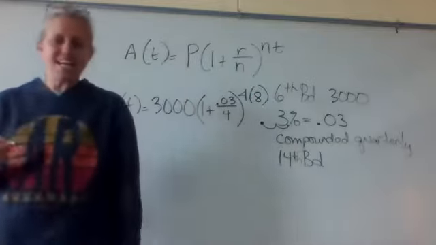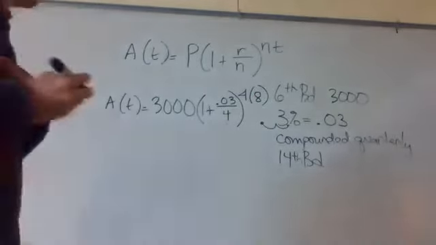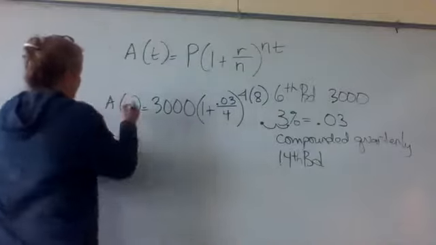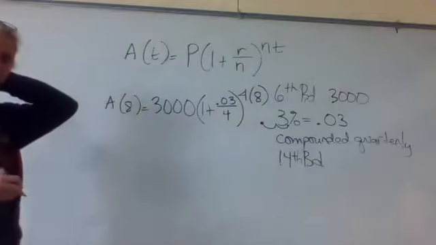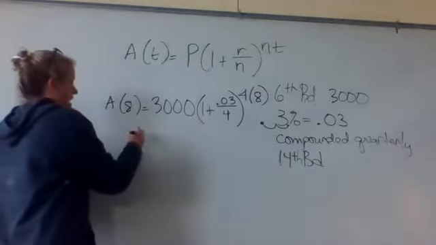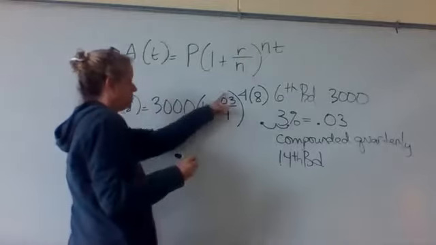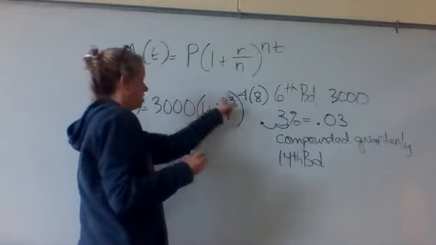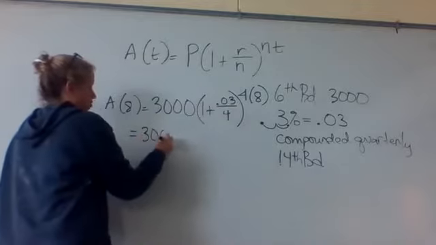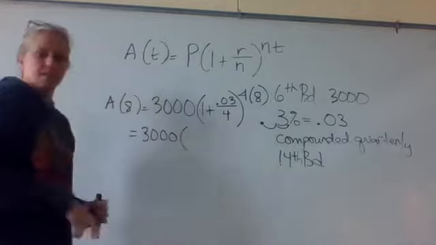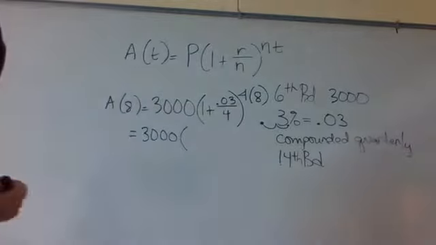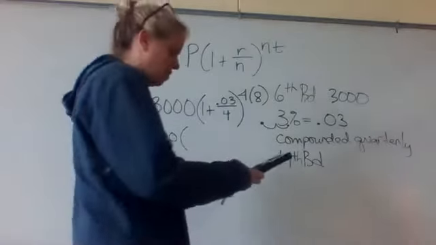So I do know what the t is. I'm actually finding A of 8. What happens after 8 years? So let's figure out what's in this parenthesis. I have 3,000, so in your calculator, just 1 plus 0.03 over 4.